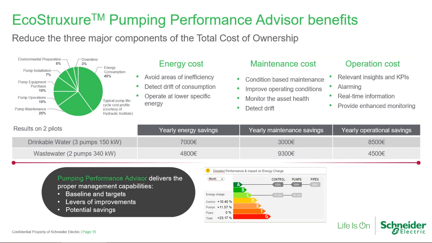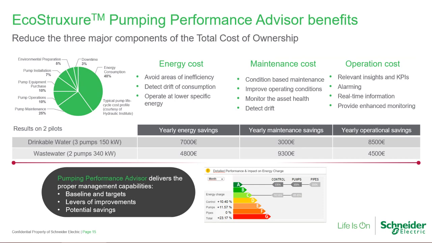So in energy, we're avoiding areas of inefficiency. We can learn and in effect utilize the correct, most efficient pump at the most efficient time based on your energy costs. We can switch devices in and out as necessary depending on flow. We can report back on maintenance costs, which will give you information about how long the product's been running and what the digital content is in terms of monitoring the temperatures.